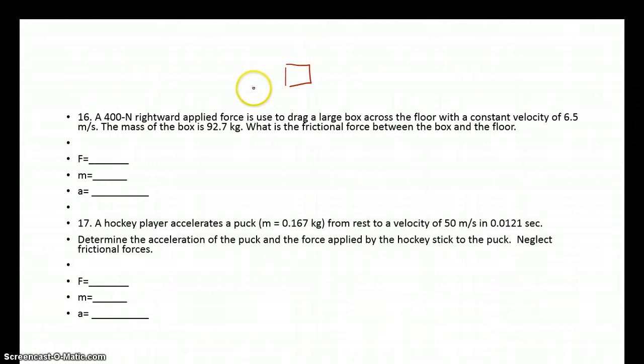What is the frictional force? So I like to draw these when they get a little bit more complicated. So here's my box, and I'm saying that I have a rightward applied force. That means my applied force is a pushing force of 400 newtons.